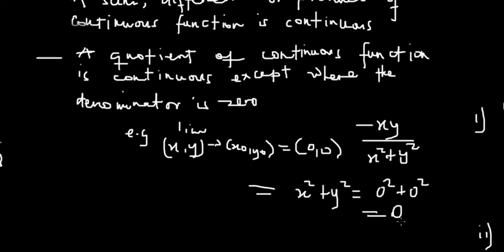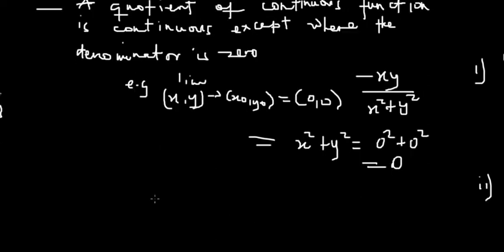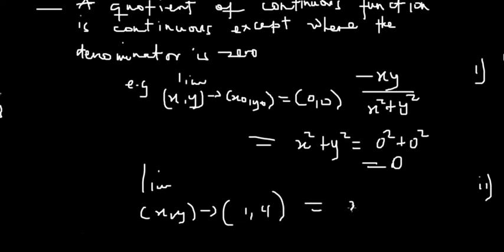Let's say we want to find out whether a quotient is continuous or not. Take the same expression, with the limit of x, y, and we are given the limit point as 1, 4. Let's check the denominator. We have x squared plus y squared, so 1 squared plus 4 squared. This is 17.